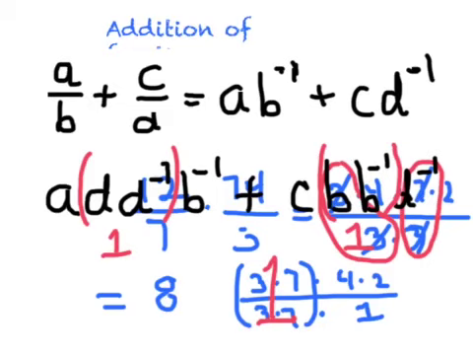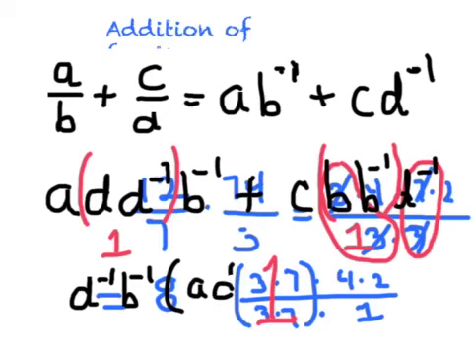So let us factor that out of the expression, like we did in the very first part. So we're going to factor out d inverse times b inverse, and what's left is a times d plus c times b.